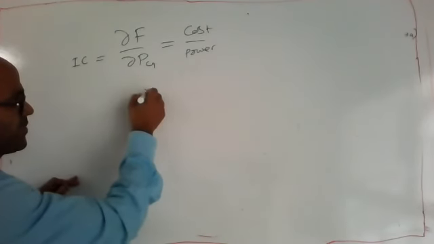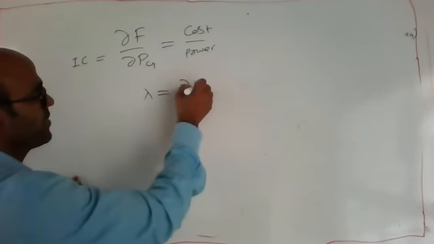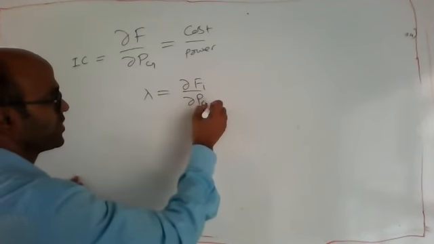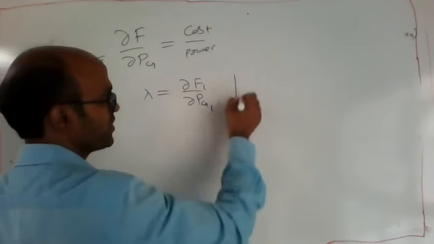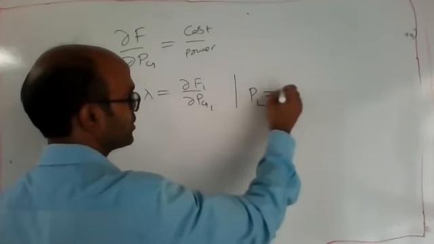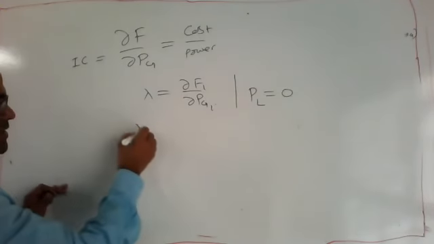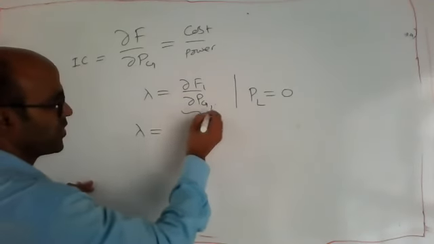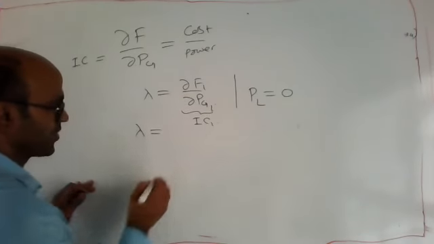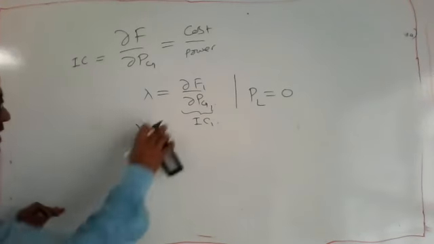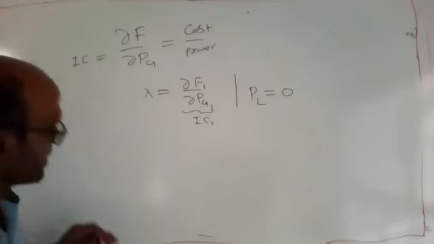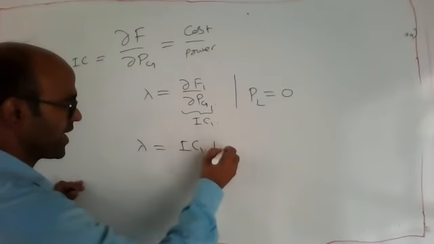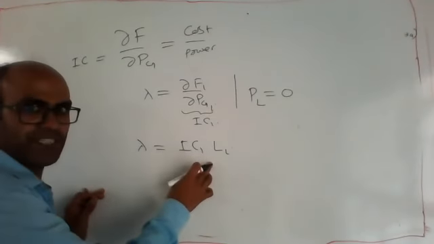We find lambda equal to del F over del PG for the ith unit, assuming PL equal to 0, that is, there are no losses. In the second case, also called ICI, we derived another expression: lambda equal to ICI into LI, where LI is the penalty factor.